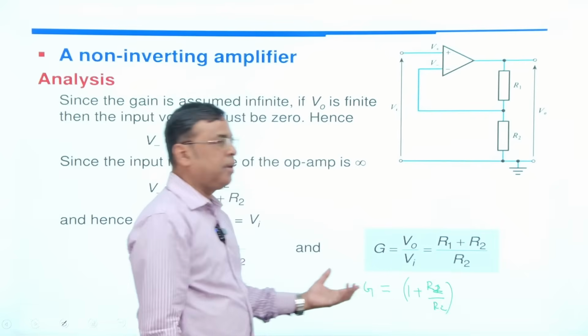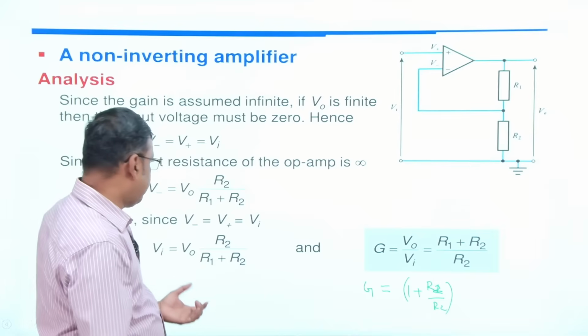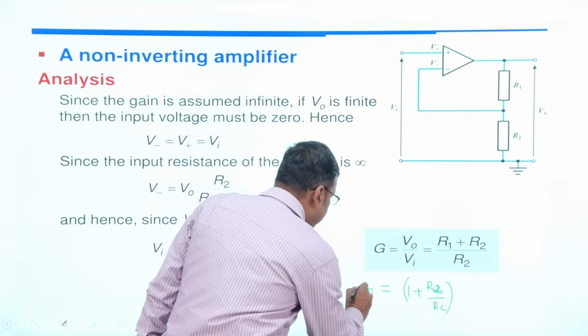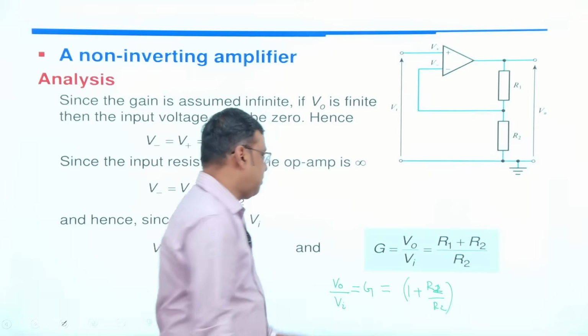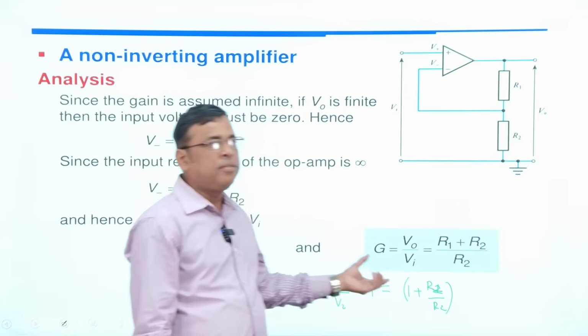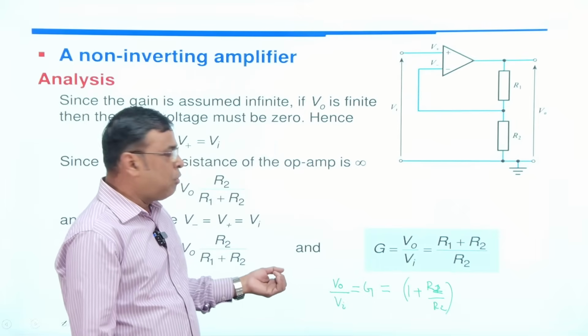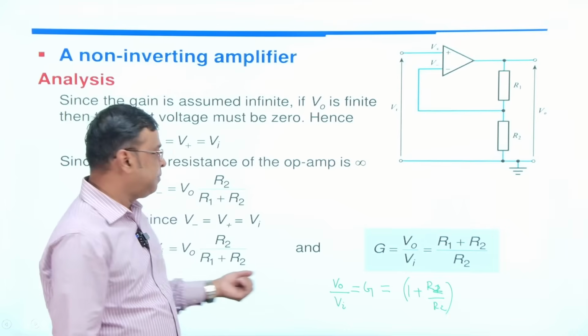This is nothing but the gain of the non-inverting operational amplifier. The gain is V0 by Vi, that is, output voltage by input voltage. The gain being positive means there will be no phase difference between output voltage and input voltage.